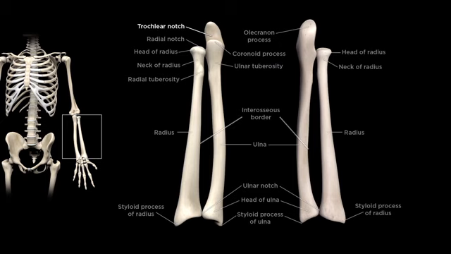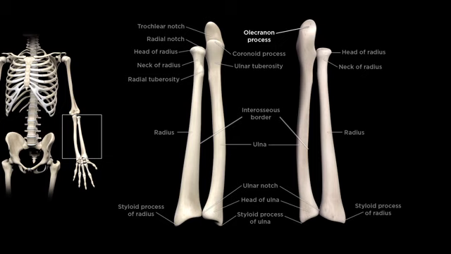The trochlear notch on the ulna is U-shaped to help form the hinge joint between the humerus and ulna. The proximal and more posterior end of the trochlear notch is a large prominence known as the olecranon process of the ulna. It's the large bump you can easily feel on the posterior elbow.